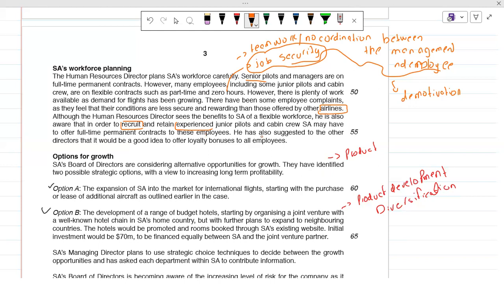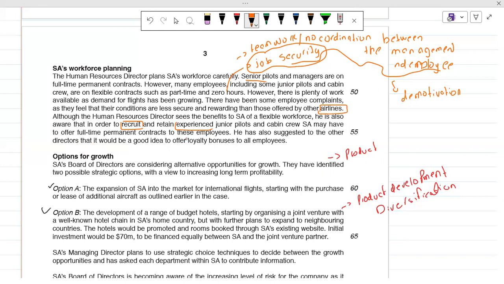The HR director also suggests a solution to this problem. Number one is they will offer full-time permanent contracts to these employees. And he has also suggested to the other directors that it would be a good idea to offer loyalty bonuses to all employees.